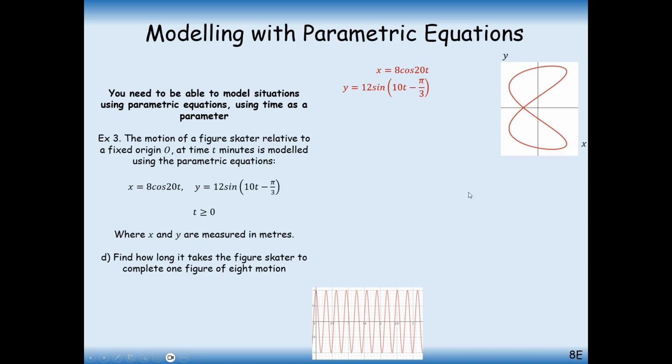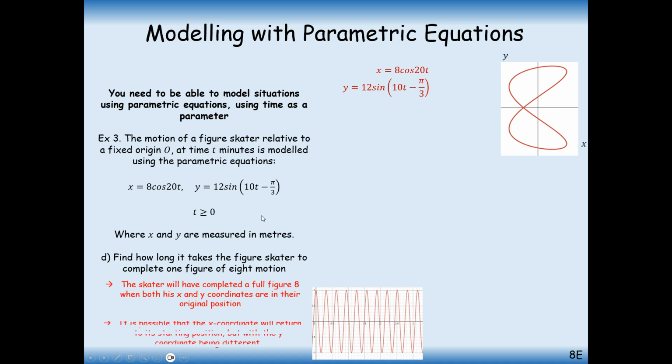Now, the original position is when it was 0. Both the sine curve and the cosine curve need to have completed one full period. So I put the sine curve, this is the cos here, and for t between 0 and pi here, you'll see that the cos curve will repeat itself.